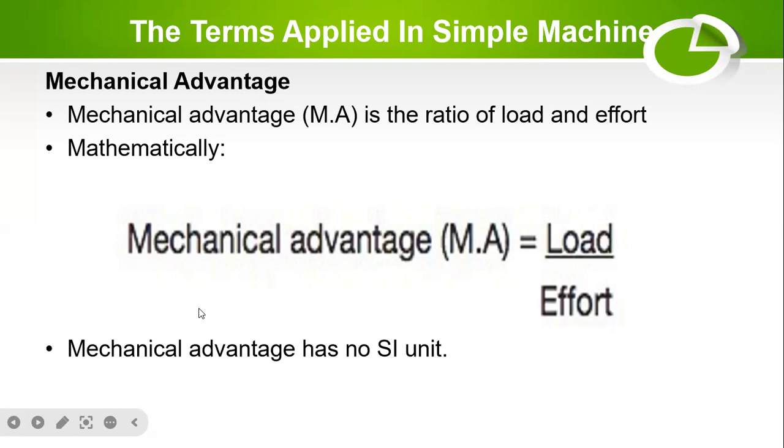So if you are given two of these quantities, you can find the third. We'll see the examples. Note that mechanical advantage has no SI unit.